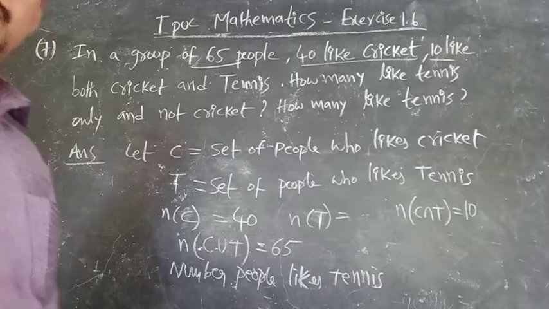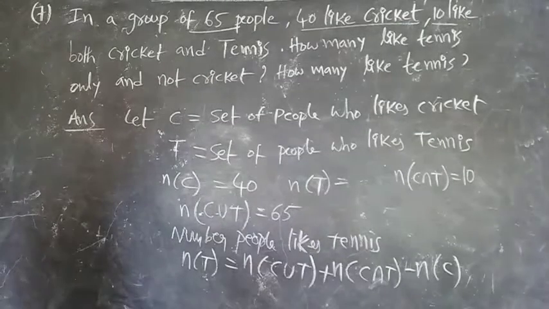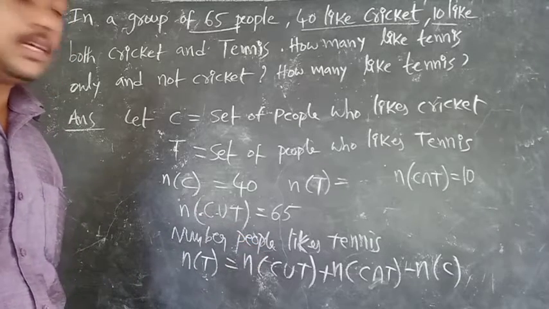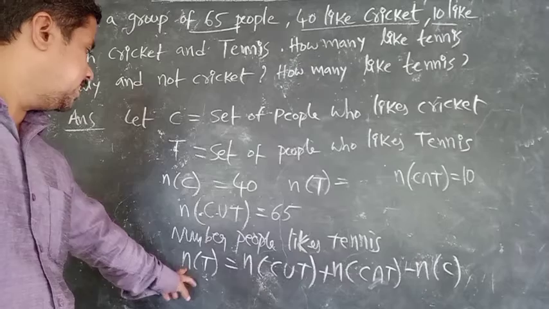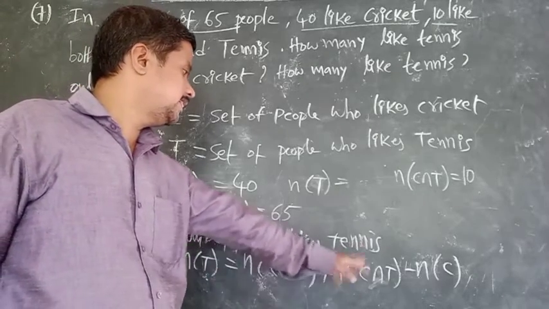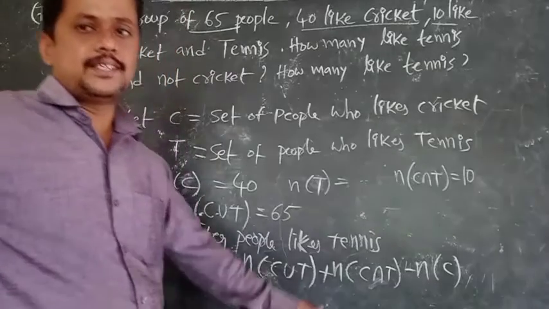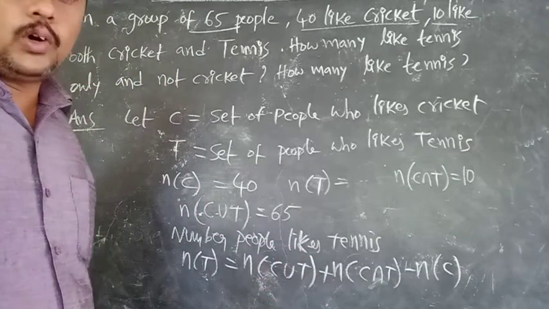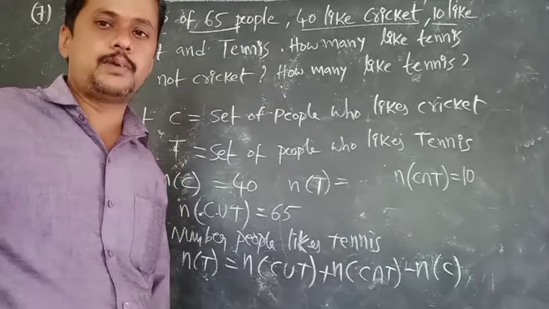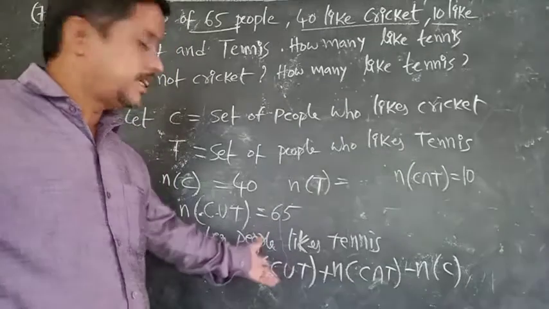What is the formula? n of T is equal to n of C union T plus n of C intersection T minus n of C. You know the formula: A union B equals n of A plus n of B minus n of A intersection B. It is derived like that only.